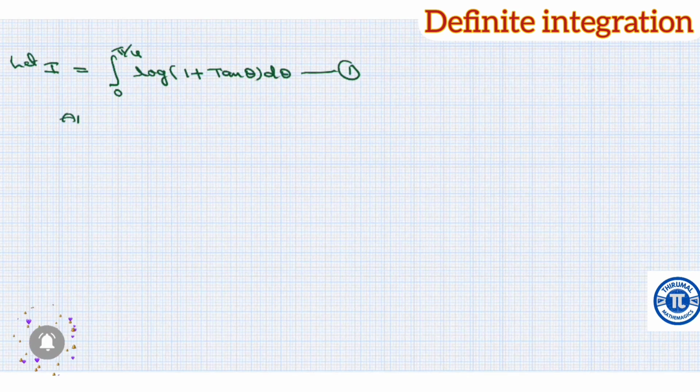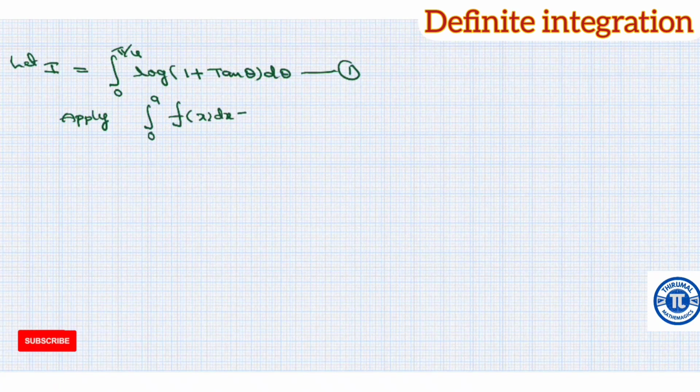Now we are applying King's rule: integration 0 to a of f of x dx is equal to integration 0 to a of f of (a minus x) dx.